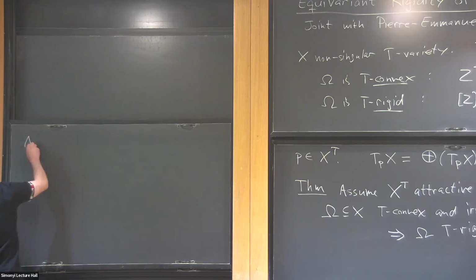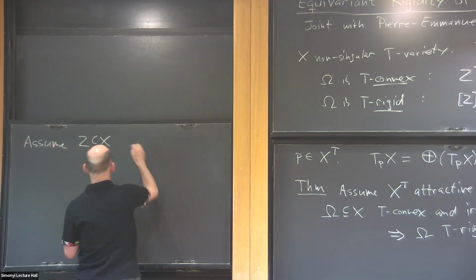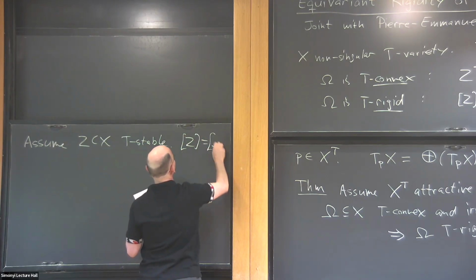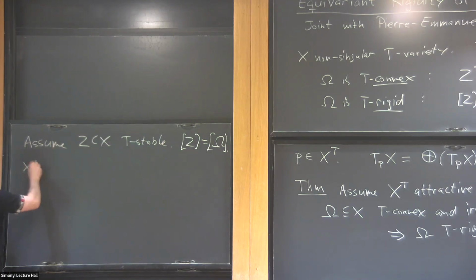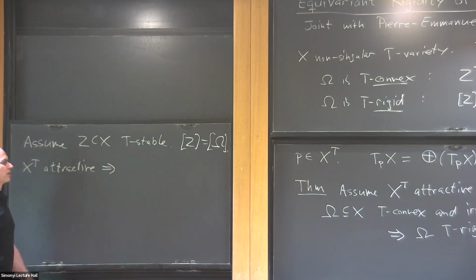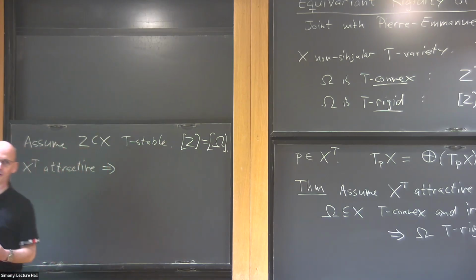So let's assume Z inside X is T-stable, and the class of Z is equal to the class of Omega. Because X^T is attractive, whenever you take this class and restrict to a fixed point, you get something non-zero.